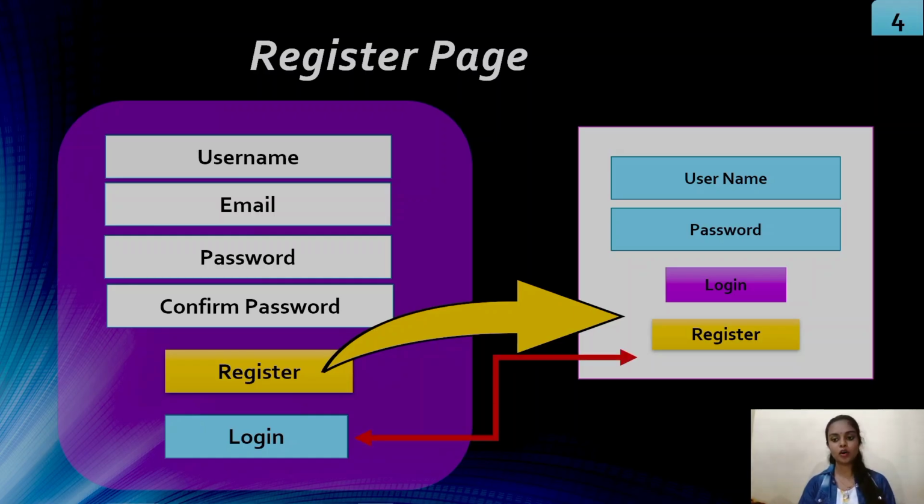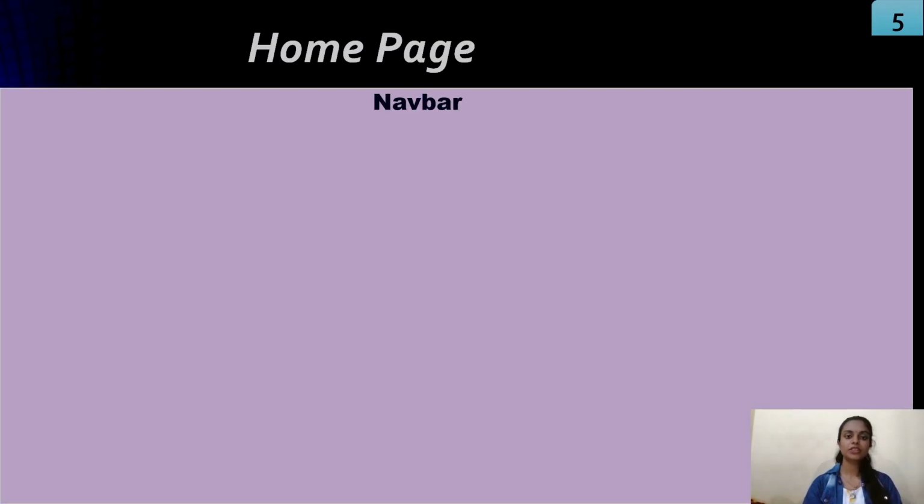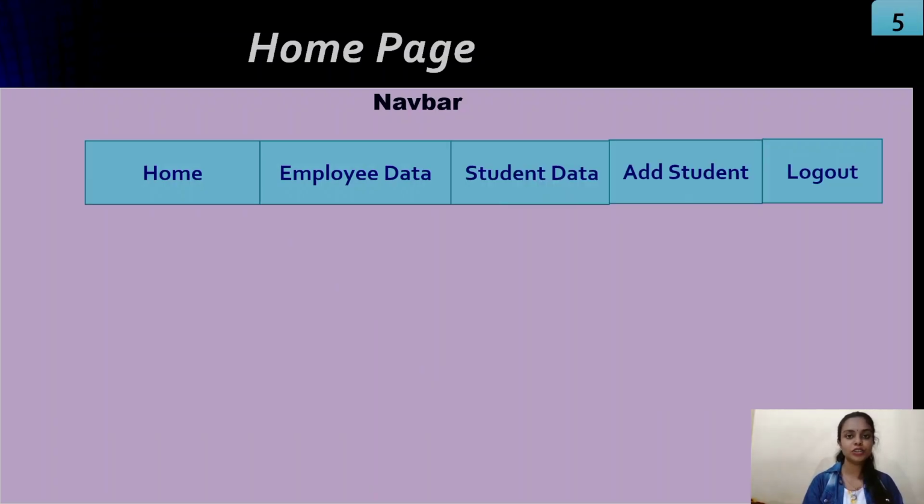After redirecting to login, and the user logging in, the login page will redirect to the home page. So the home page contains an app bar which has home page, employee data, student data, add student and a logout. Employee data will have all the employee details including admin, and it will be shown only for the admin person.